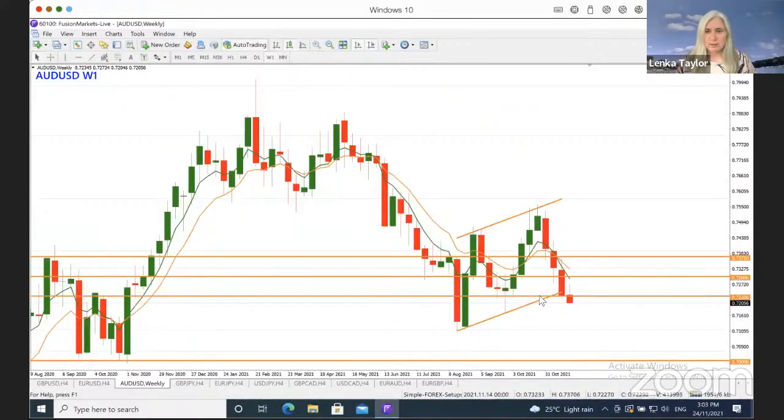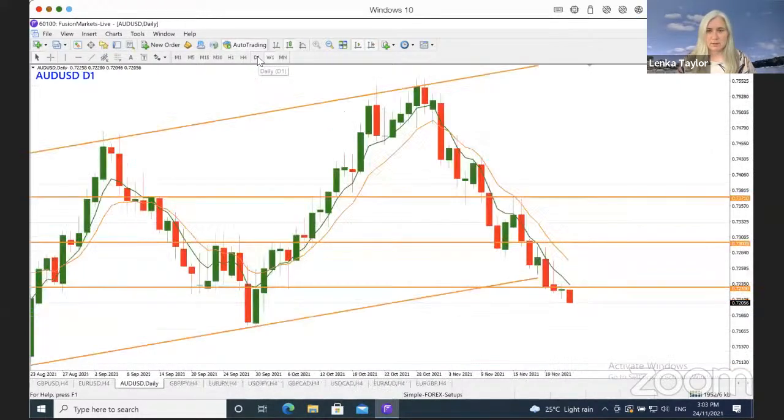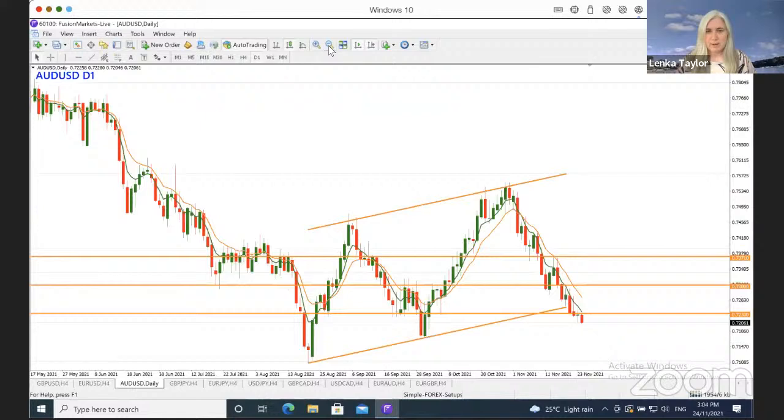I was looking at that channel to see if there was a bounce. There wasn't. It's now under that horizontal level. So now what I'm going to do is wait to see if there is maybe a bounce around this level to go back up.